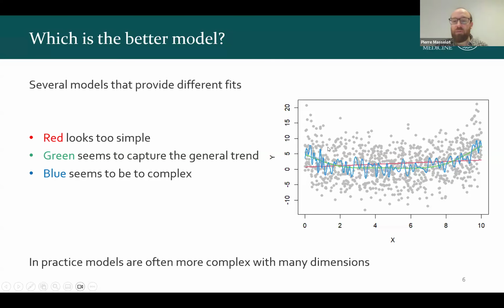So we are thinking maybe this one is too complex, or there is a kind of overfitting. The idea is now which is the better model. Of course, this is a very simple example. In practice, you will potentially have many more models with many dimensions, so it will be very difficult to look at them simply on a scatter plot. But this is the core idea.